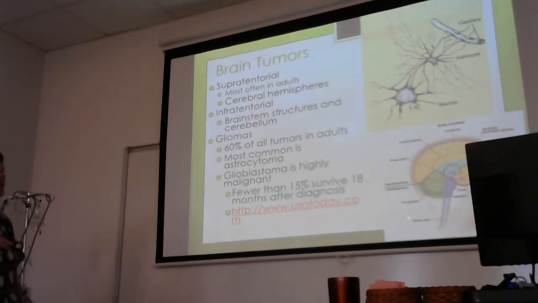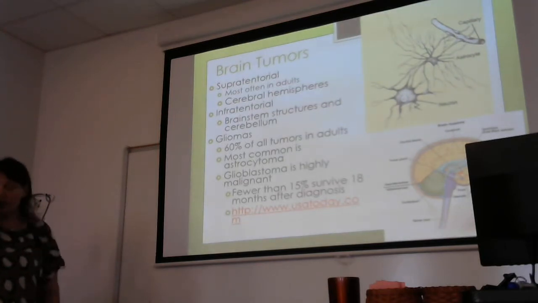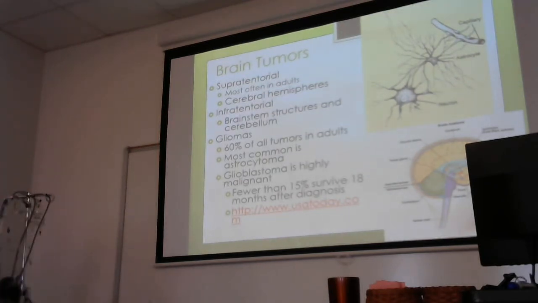That imaginary line is how we determine if it is a supratentorial brain tumor or an infratentorial brain tumor. So a brain tumor above that line is a supratentorial brain tumor, which is essentially the cerebral hemispheres of the brain. And then the infratentorial brain tumors are tumors of the cerebellum and the brain stem.